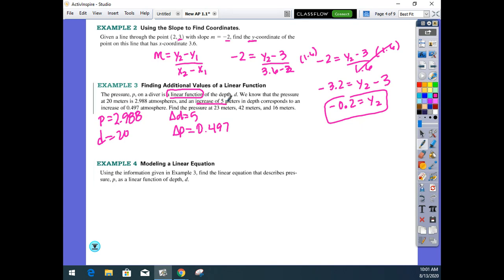Increase of 5, positive depth, increase of pressure, positive pressure. Find the pressure at 23, 42, and 16.